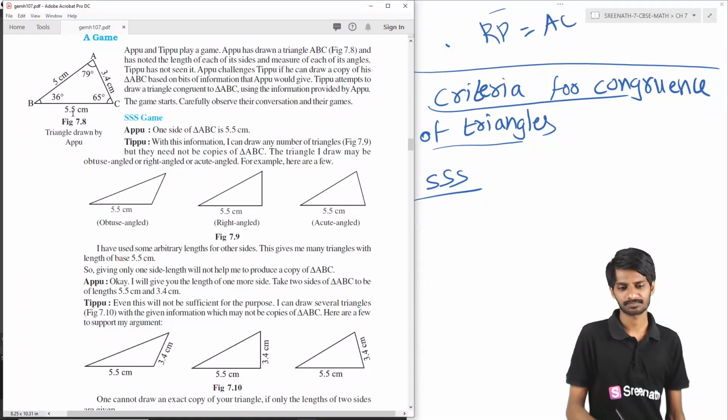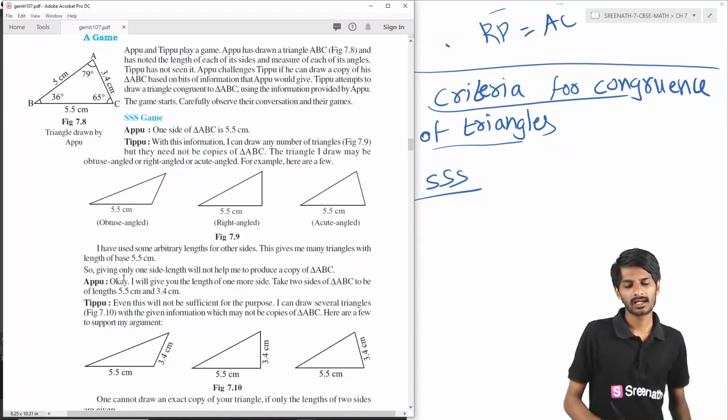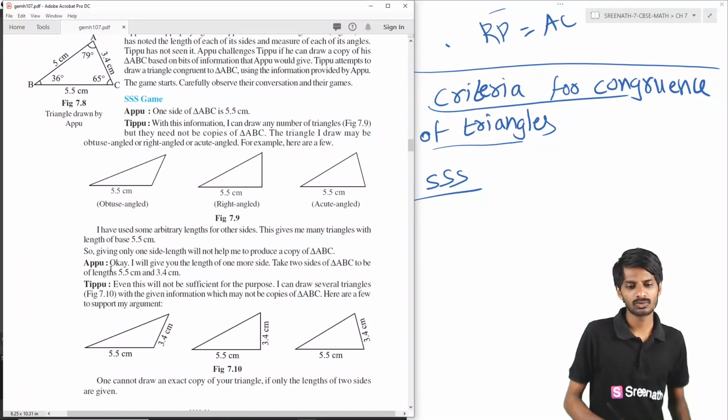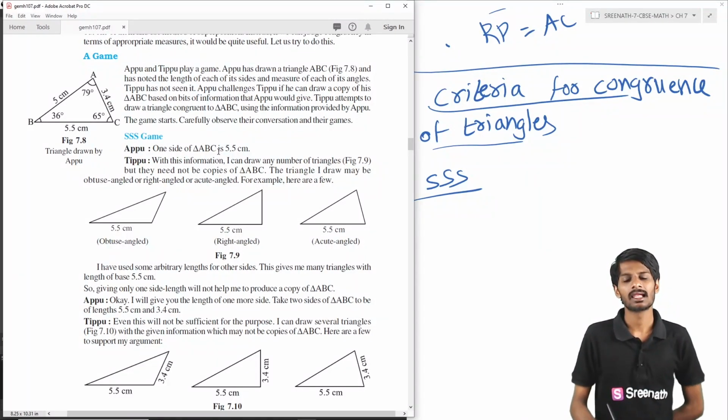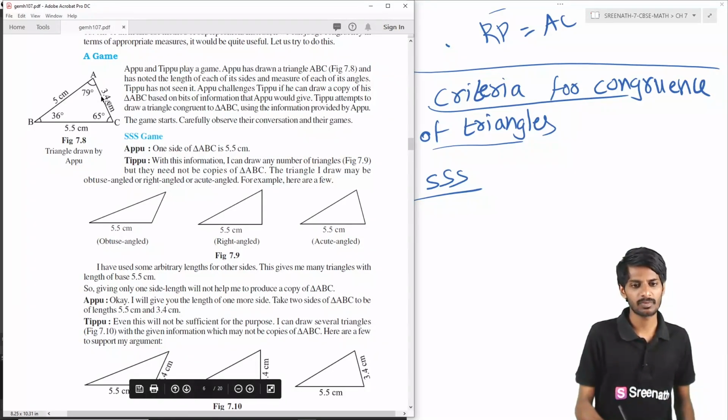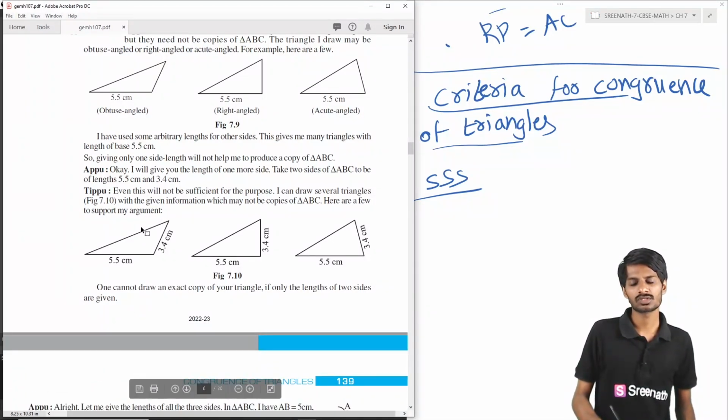Then Appu says, okay, I will give you the length of one more side, so can you draw it? Previously he gave the length of one side, 5.5 centimeters. Now he gives another side length, 3.4 centimeters.